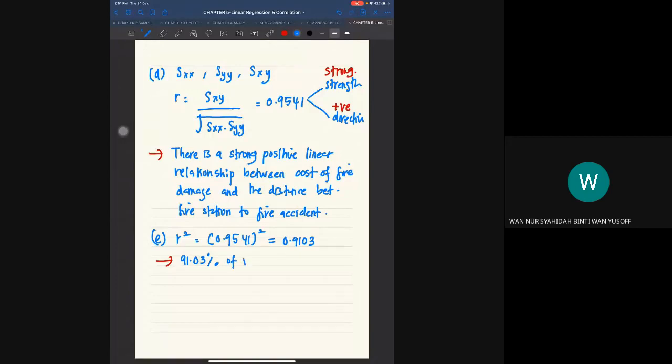of variation in Y. It must be Y first because it is about variation in the dependent variable.